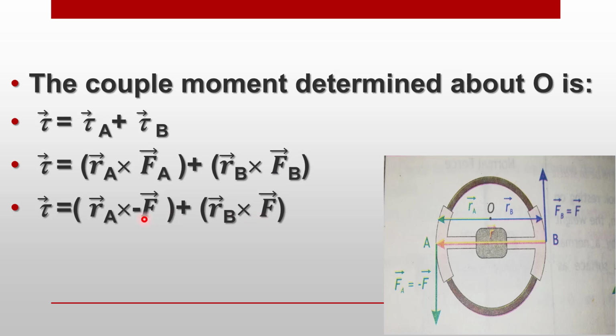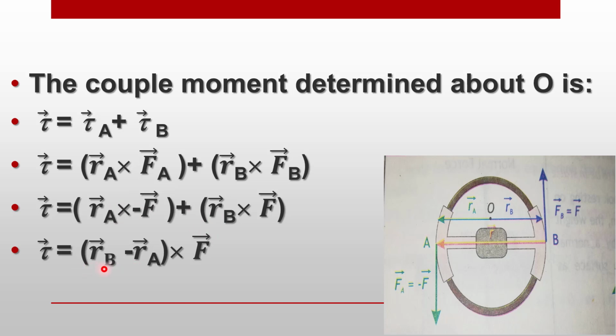We can take F as a common factor. The negative sign is with RA, so we can write it as RB minus RA cross F. We are taking force F as common and the rest of the terms are RB minus RA.